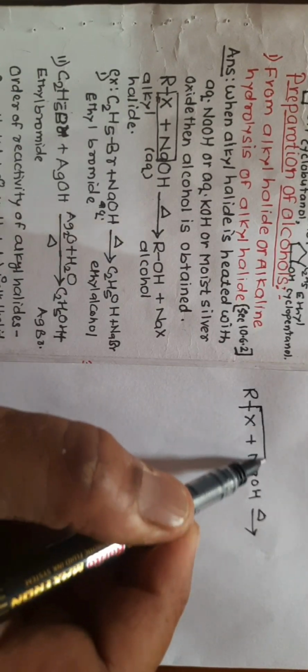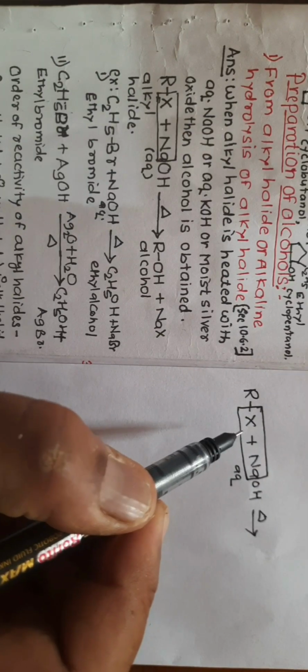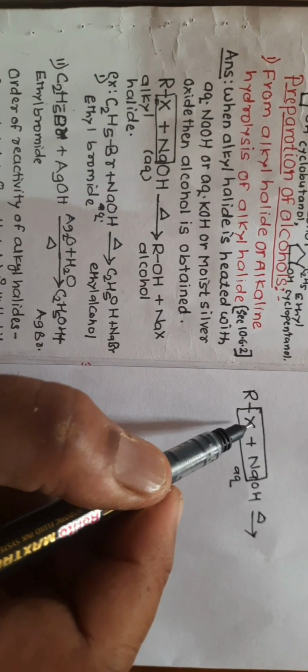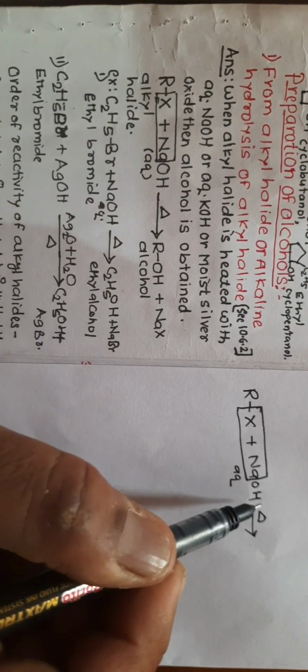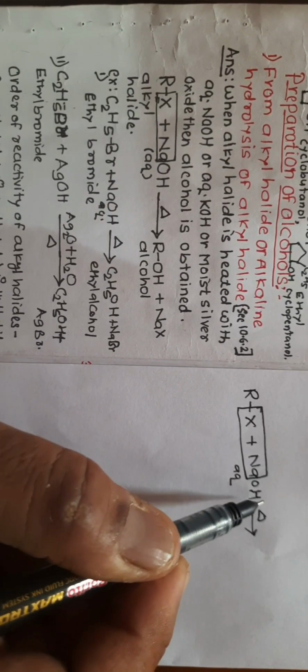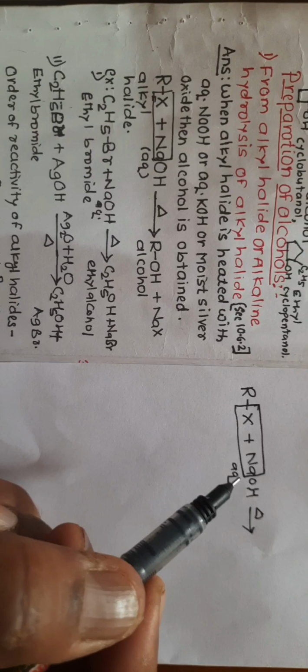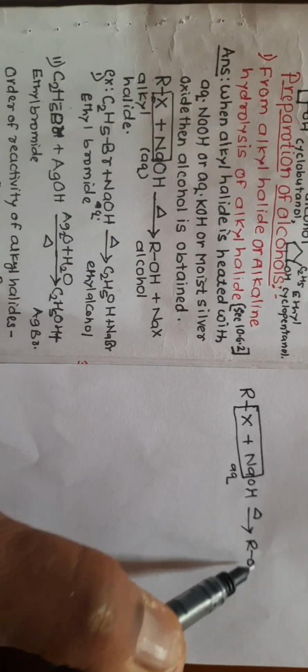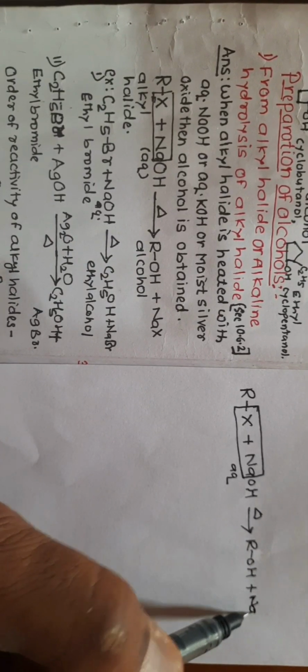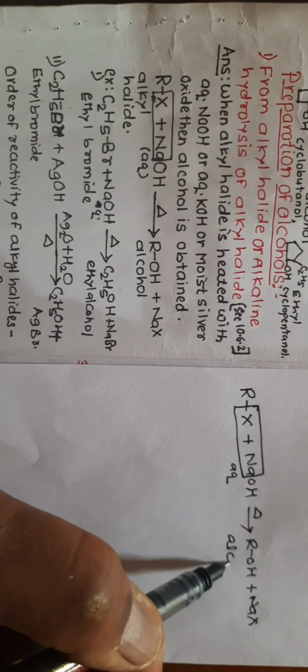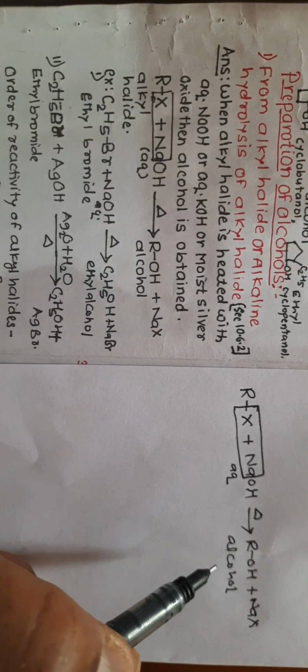This X combines with this Na, and it is a nucleophilic substitution reaction. X minus is replaced by the strong nucleophile OH minus, and it gives ROH plus NaX. ROH is the general formula of alcohol.